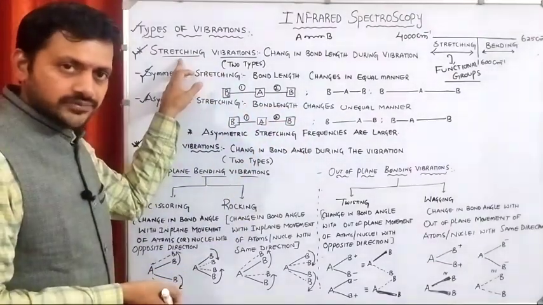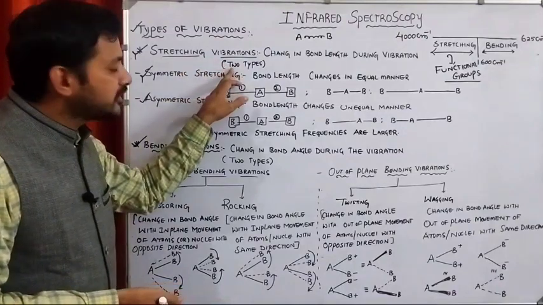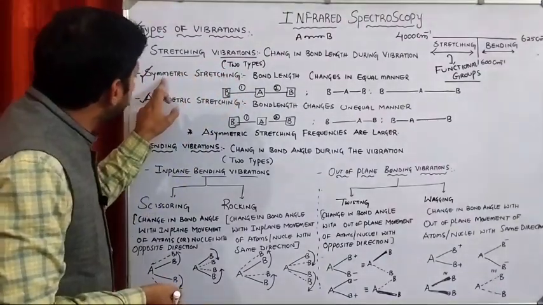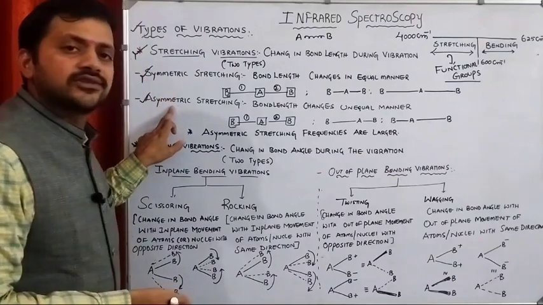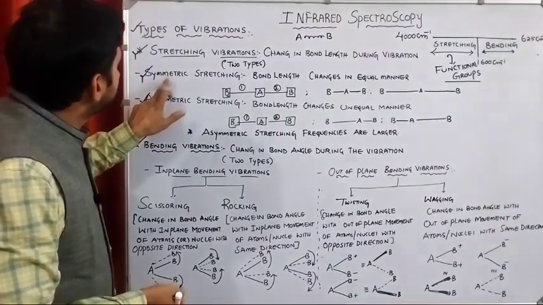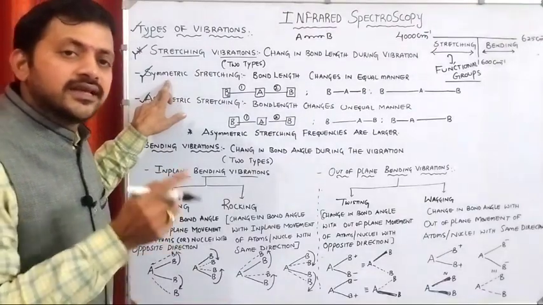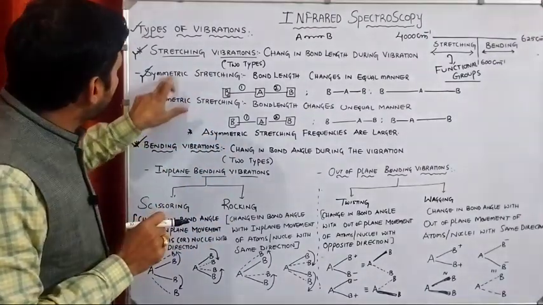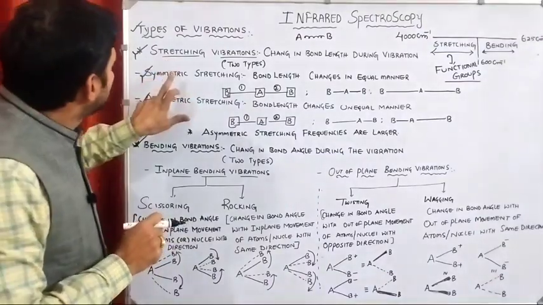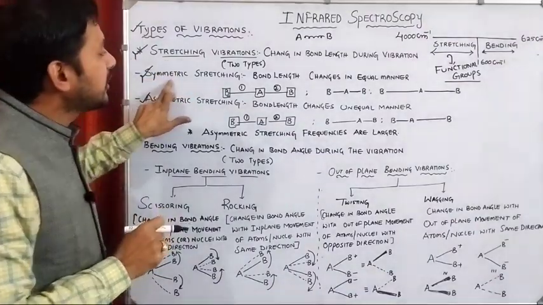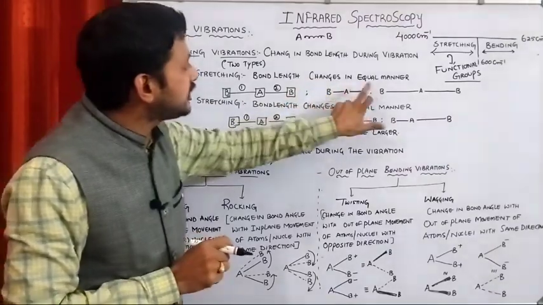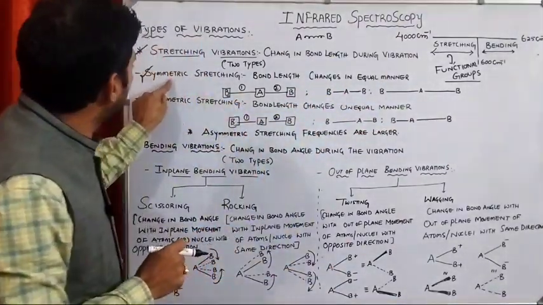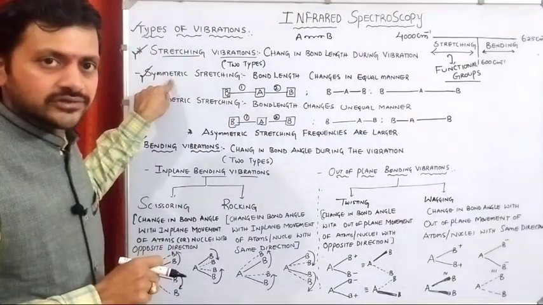Stretching vibrations. The stretching vibrations are divided into how many types? Two types. What are those? Symmetric stretching vibrations and the asymmetric stretching vibrations. Symmetric stretching vibration means in a stretching vibration, if the bond length changes in an equal manner, then such type of vibrations are called as symmetric stretching vibrations.